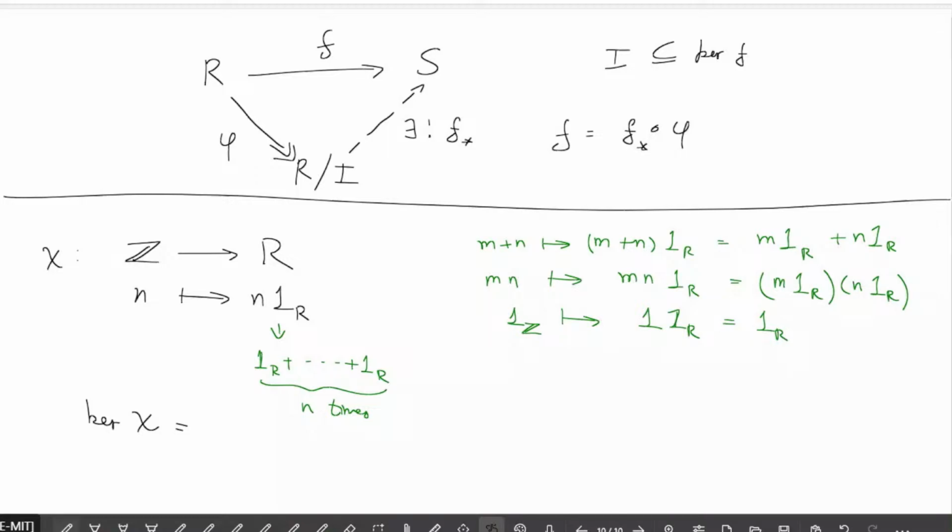Even if it is an integral domain, the kernel may still not be zero. Simply, it's just a definition.